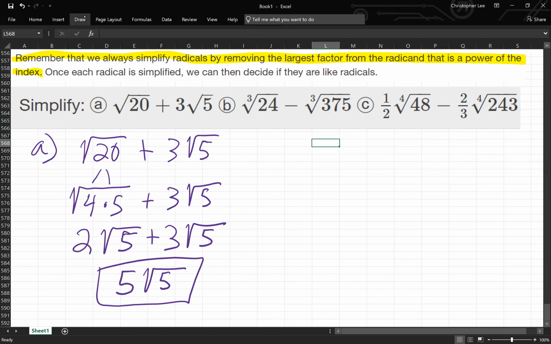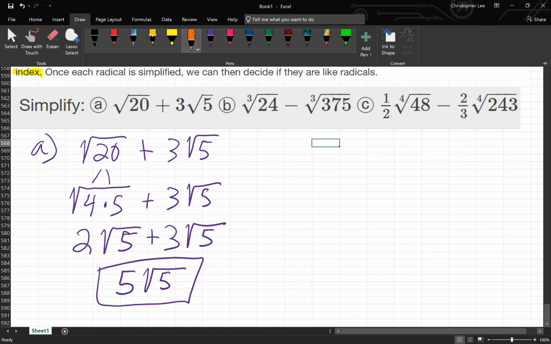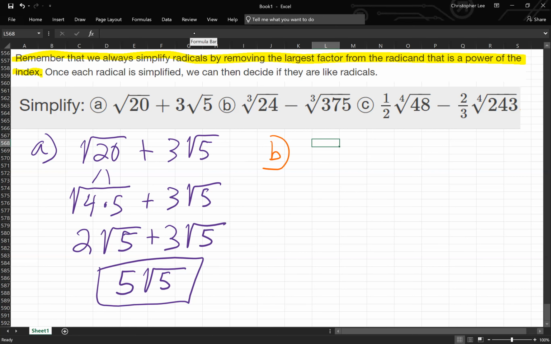So now look, I have the cube root of 24 minus the cube root of 375. Is there a perfect cube that goes into 24?